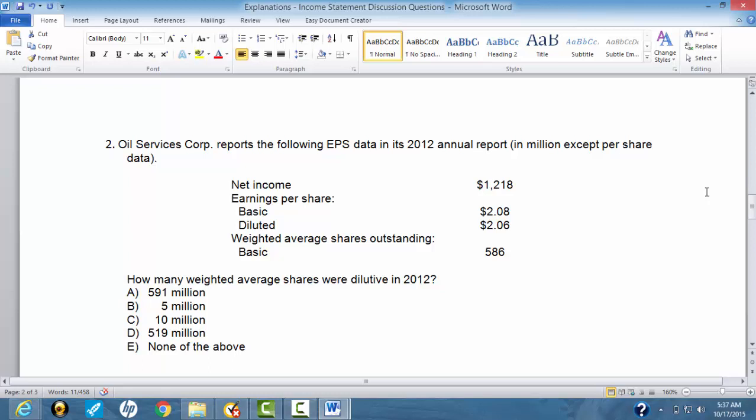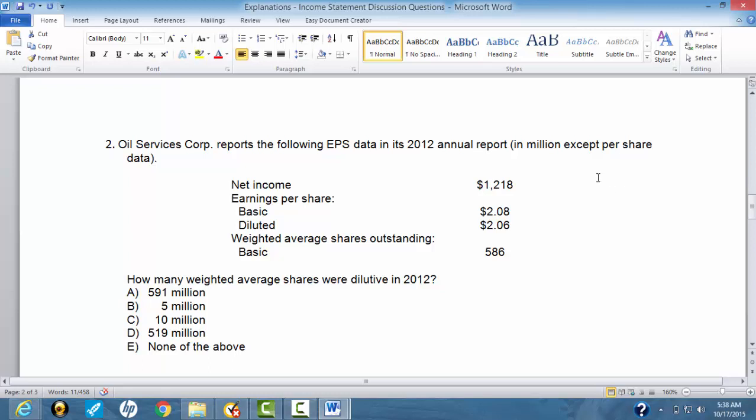So we can compare performance for company A and company B by looking at EPS for company A and EPS for company B. Now recall that earnings per share is the net income divided by the total weighted average shares outstanding. Outstanding means the common shares that are issued and have not been repurchased.